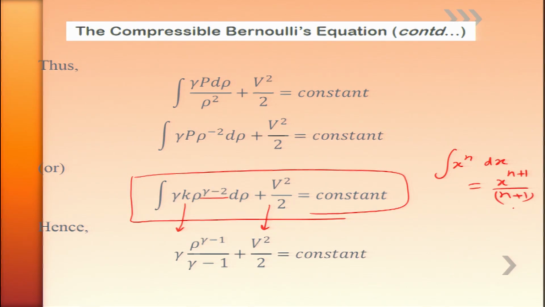In this case, gamma minus 2 is nothing but your n here. Hence, gamma k rho to the power gamma minus 1 upon gamma minus 1 plus V square by 2 is equal to constant.